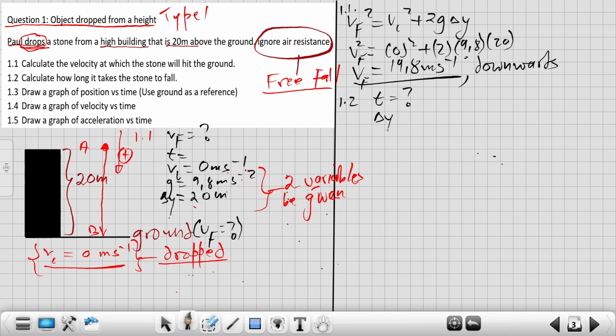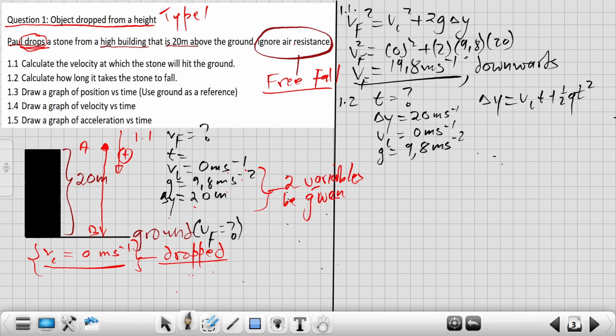So I still have my data, delta y, which is 20 meters. Using the physics principles, I knew that because the object was dropped, then V initial is 0 meters per second, and then my g is always a constant, which is 9.8 meters per second squared. Then the equation that is applicable is delta y is equal to V initial t plus half of g t squared.